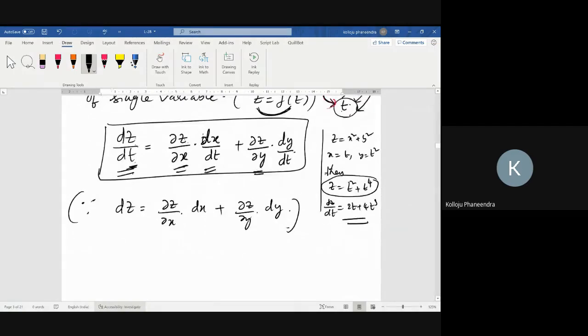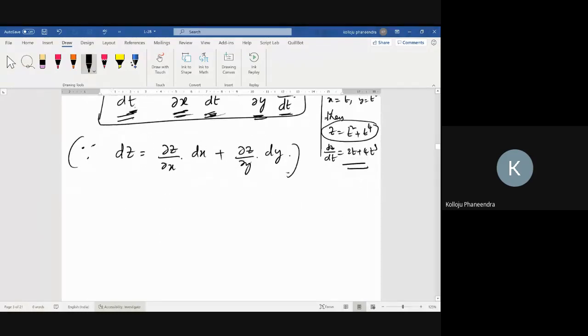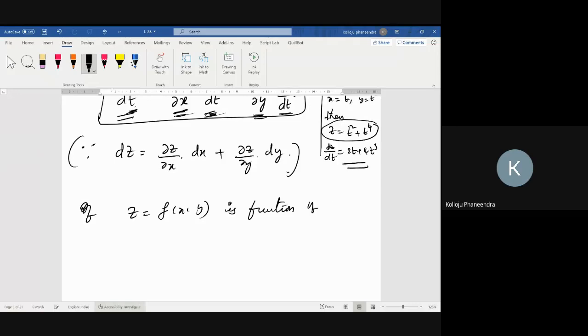Once again, z is a function of two variables, so here partial derivatives, and x and y are functions of single variable, so ordinary derivatives. Now in a different manner, if z equal to f of x, y is a function of x and y, and x and y are not functions of a single variable, but functions of two different variables, s and t, or better, u and v.